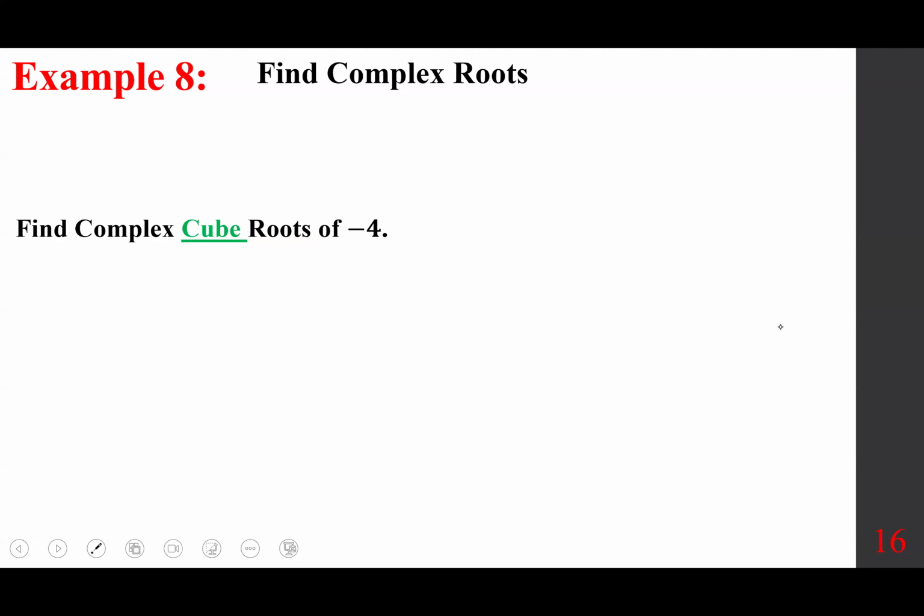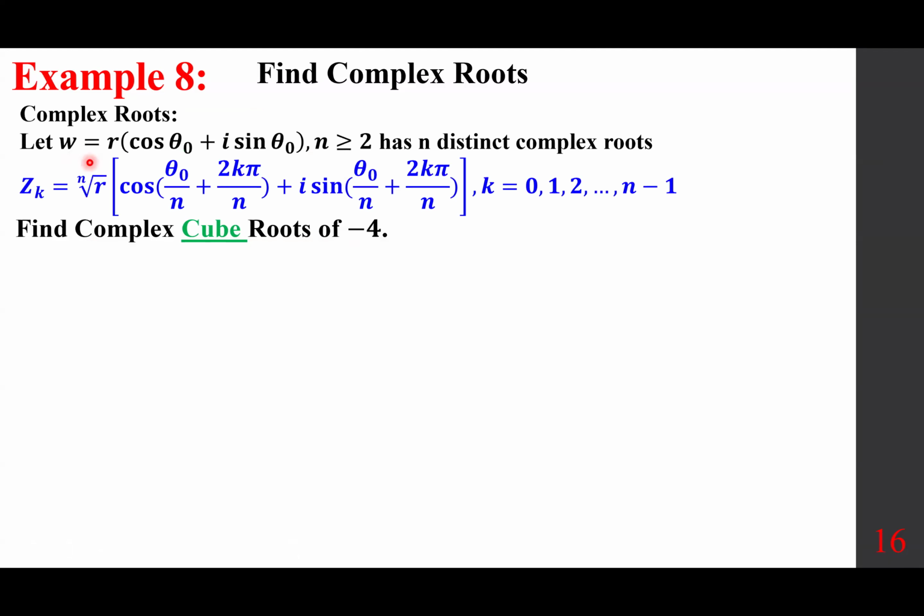Find complex roots, find the complex cube root of negative 4. So complex roots. Let w be r cosine of theta sub 0 plus i sine of theta sub 0, where n is a number that is either 2 or larger and has n distinct complex roots. z sub k, that means the roots, is the nth root of r, because you want n distinct complex roots.